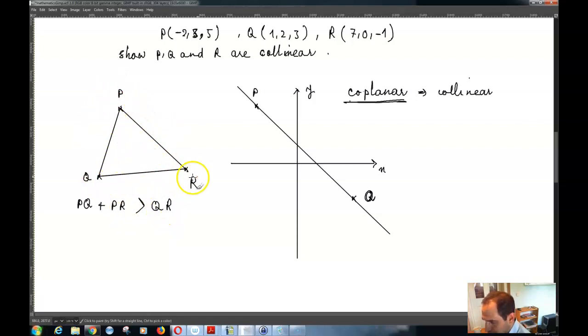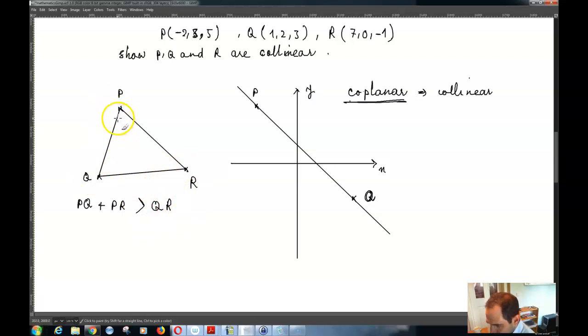As long as these three lines form the vertices of a triangle on the plane, any two sides of the triangle that you add together is always going to be greater than the third side.